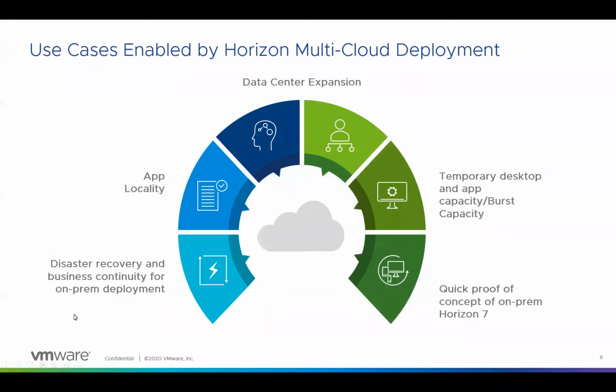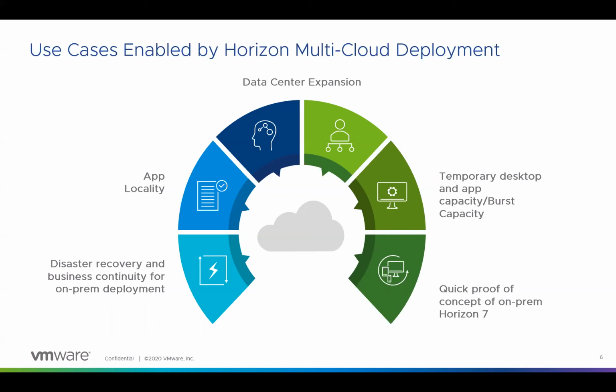If you look at the various use cases of cloud, we can talk about a lot of scenarios where we can use cloud as a solution. One of them is data center expansion, and then app locality, where a user wants to access a certain application and virtual desktop local to that specific region. You could go to a cloud deployment and use that as a solution.